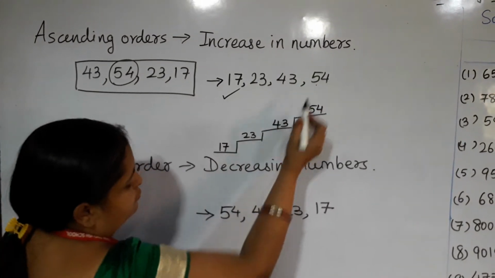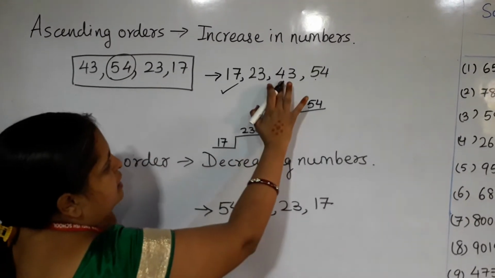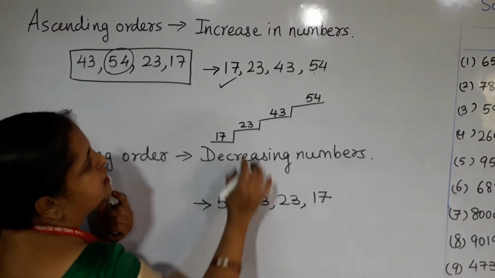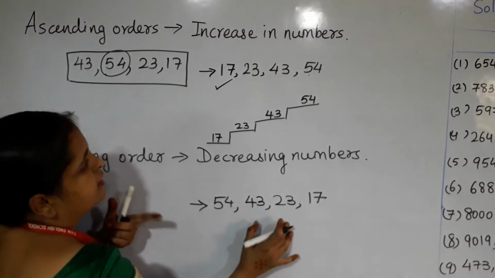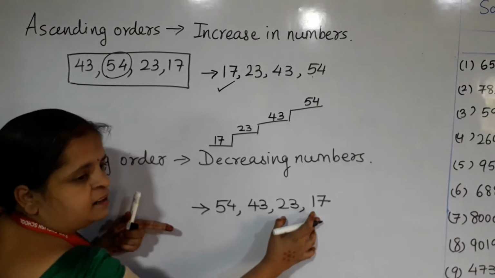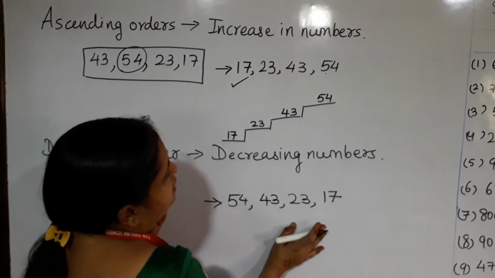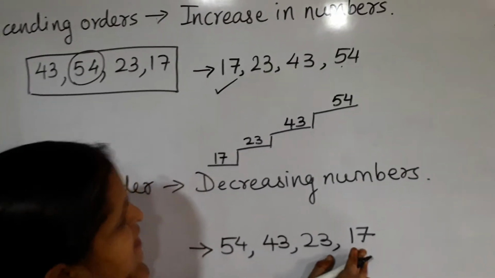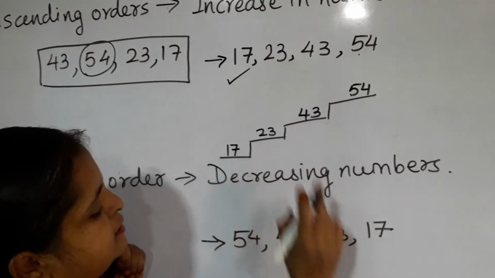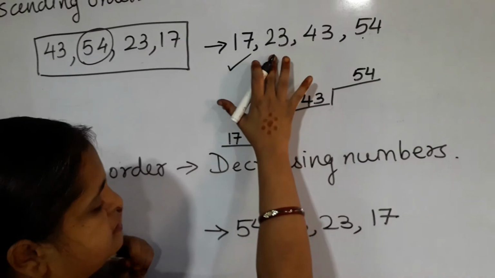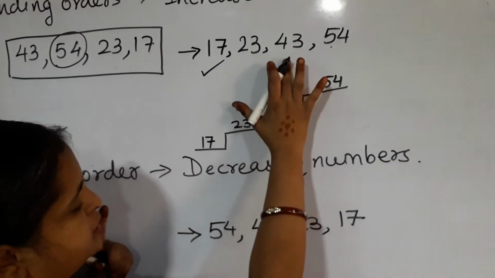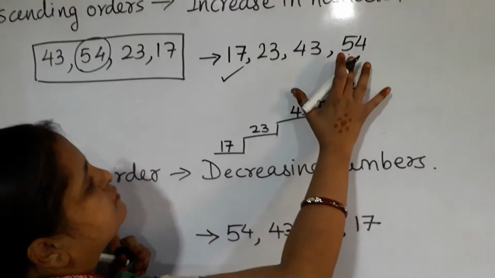Here we have written 54, after that 43, here 23, and 17 is the last. Just like that, if I go opposite of descending for the ascending, you just see here 17, I have written 17 here. After that 23, 43, and 54.